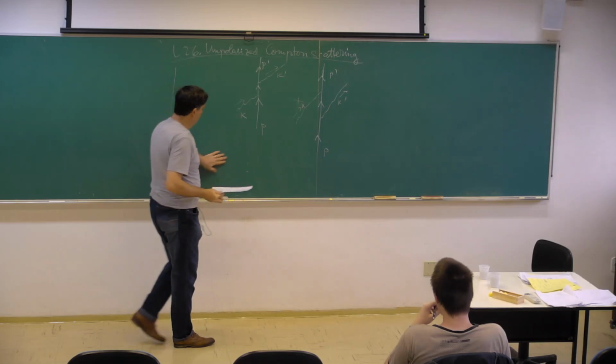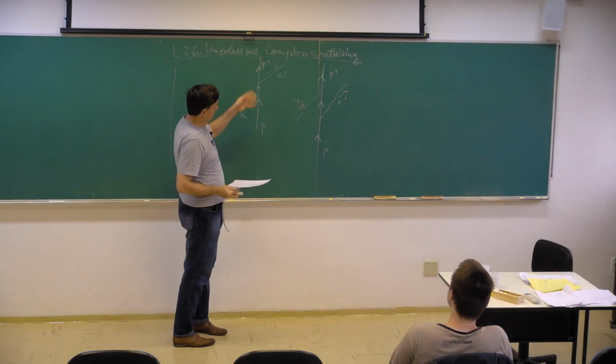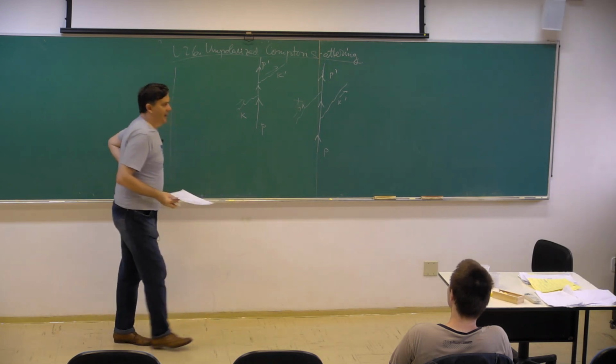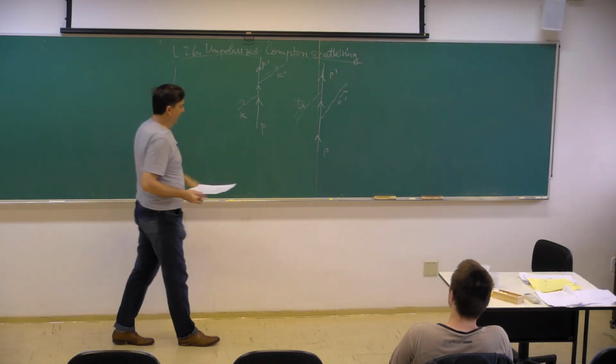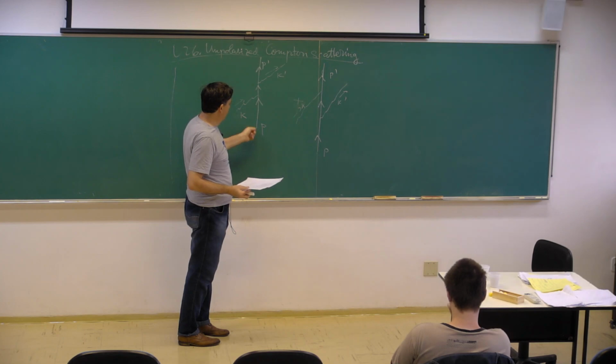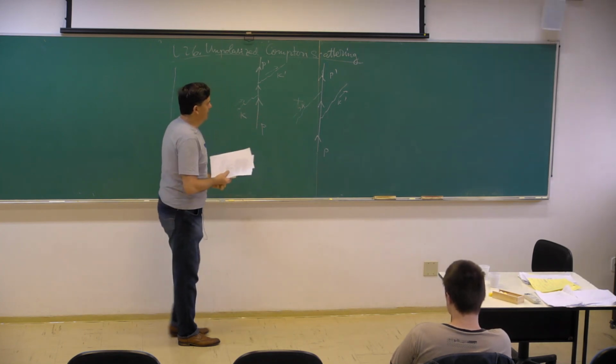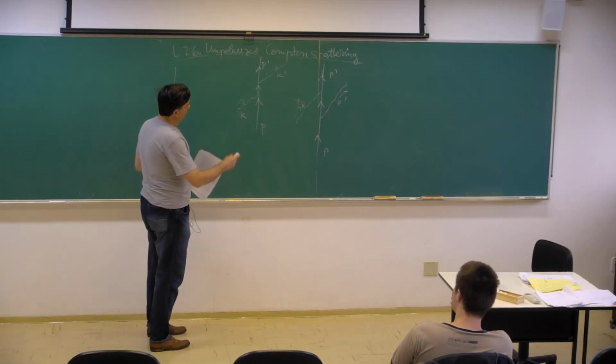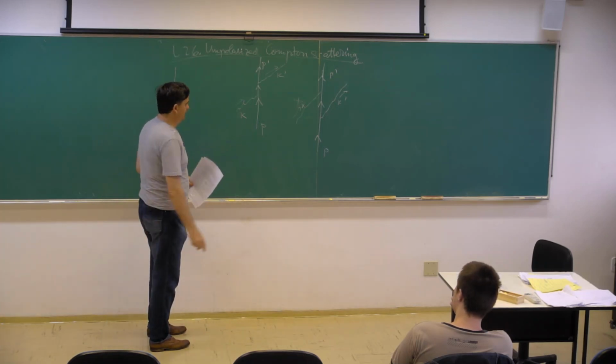On the other hand, this is sort of the view having in mind a semi-classical viewpoint where the electron is the main player here and the photon just bounces off of it. But we can rewrite these Feynman diagrams also.